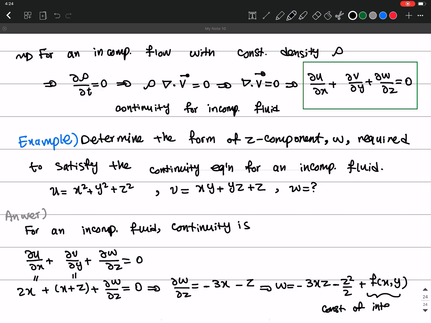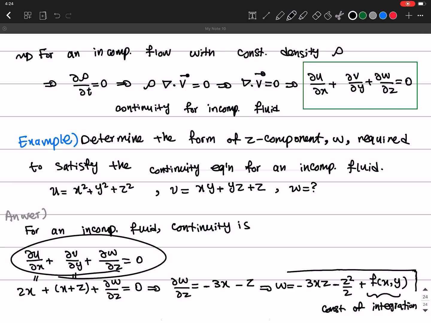Okay, so this is going to be your answer. The form of w is going to be as follows: minus 3xz minus z squared over 2 plus a function of x and y. If you put w as this equation, these three components of velocity are going to satisfy this continuity equation, as shown here.